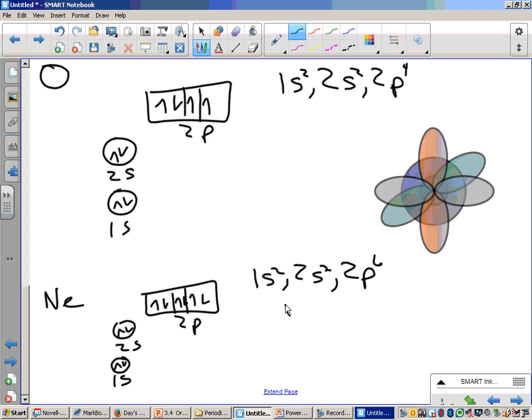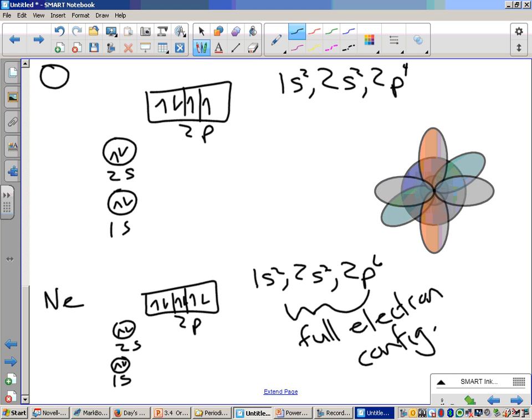We call this the full electron configuration. Same with this. We call this also the full energy level diagram, ELD.